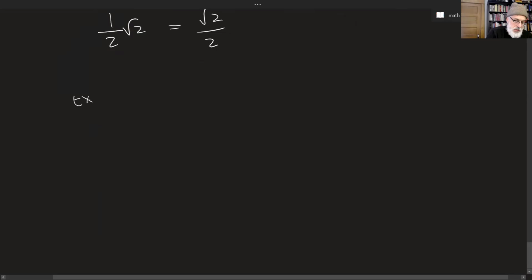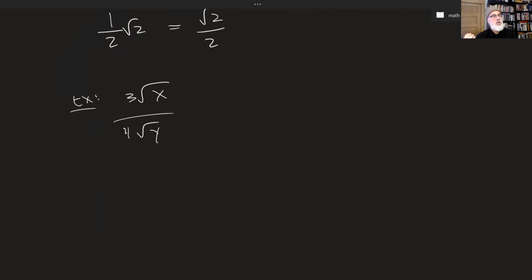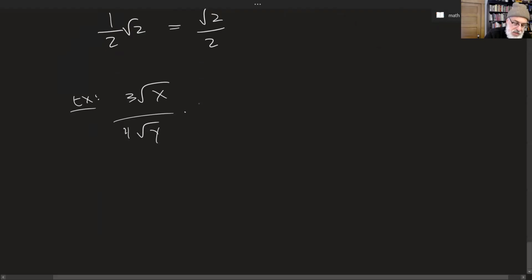So let's look at some more. I want to rationalize that. Now I just have a variable. I have y and x. The rule's the same. I'm going to multiply the top and bottom by the square root of y.